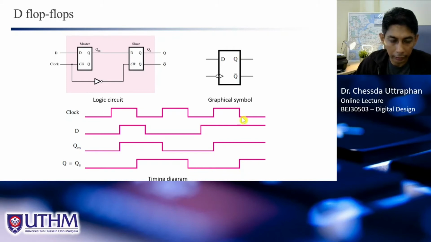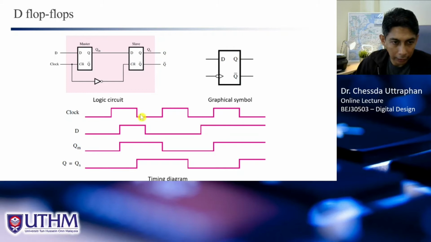Go up again here. So when we look at D and look at this, we can see that if this is negative edge triggered, when D equals 0 here, nothing changed.